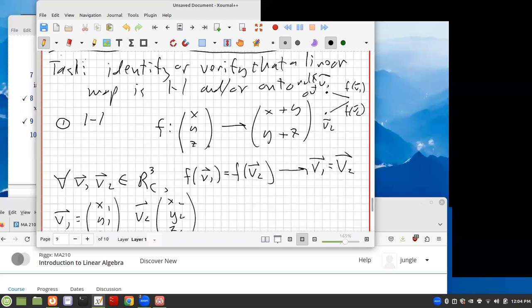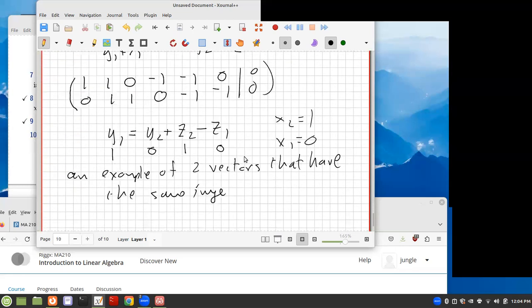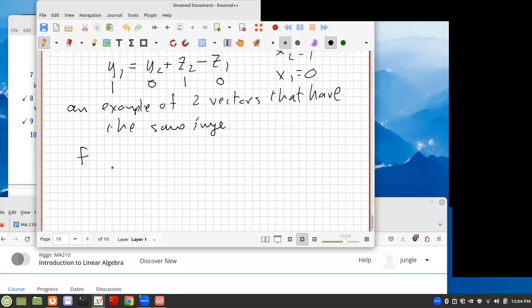I could choose z to be minus y, so this would always be 0 here. And then I could choose x plus y to be 1 plus 1 is 2, or 2 plus 0 would be 2. So I can form (2, 0) many different ways. So this map F is not one-to-one.